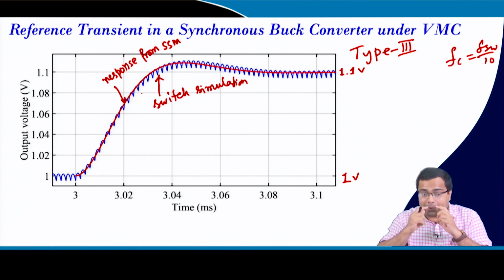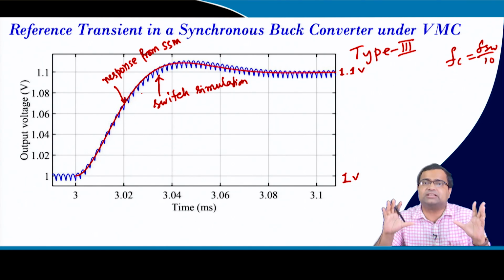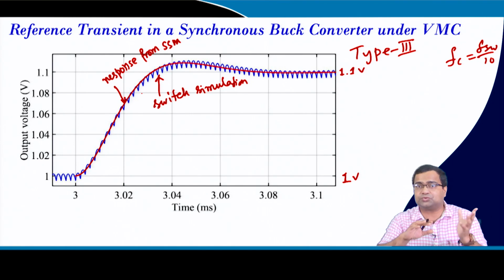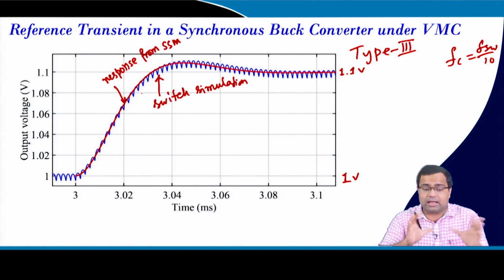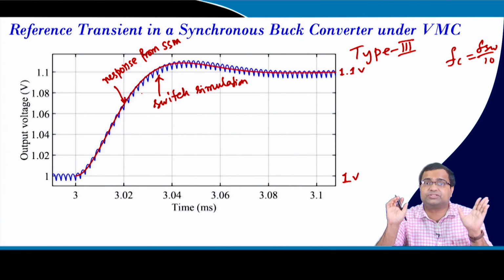That says we can develop a model which can more or less capture the behavior of the transient response of the DC-DC converter, and we can predict the overshoot, undershoot, and settling time simply from a linear model without going to the switching converter.